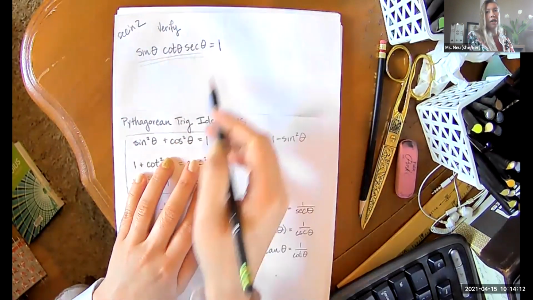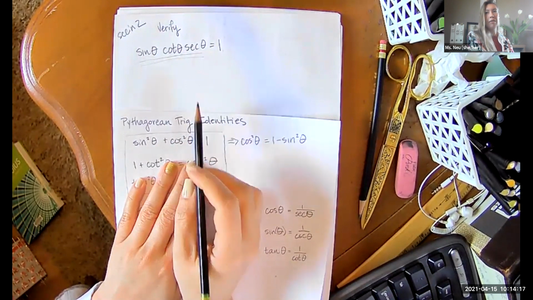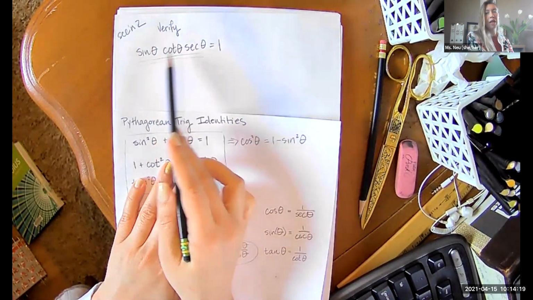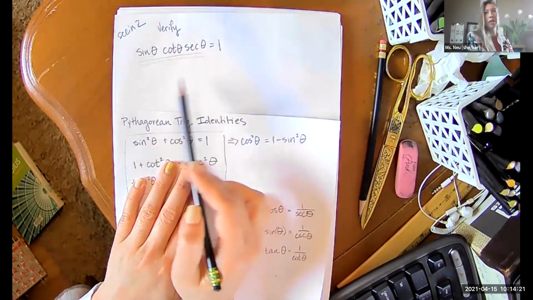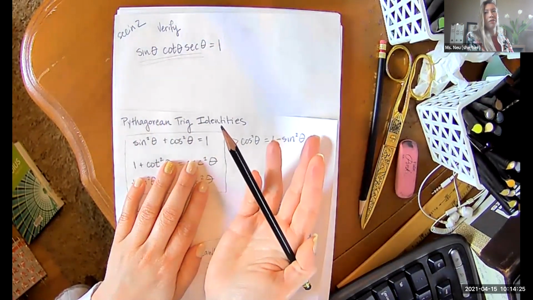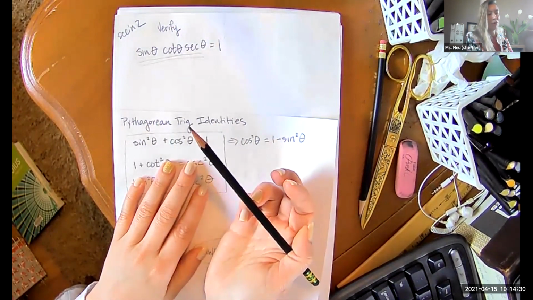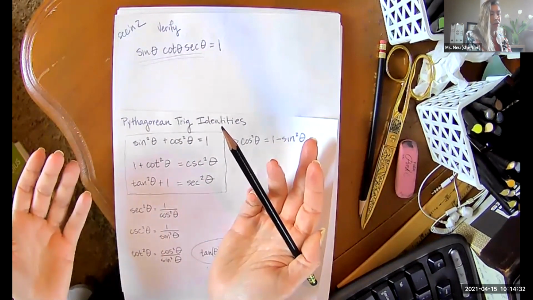Like this 1, I could rewrite as sine squared theta plus cosine squared theta, and then try and get all this stuff over here to pop out as also being sine squared theta plus cosine squared theta. But in general, what I found for me is that it doesn't tend to work as well, right? So I don't know, play around.